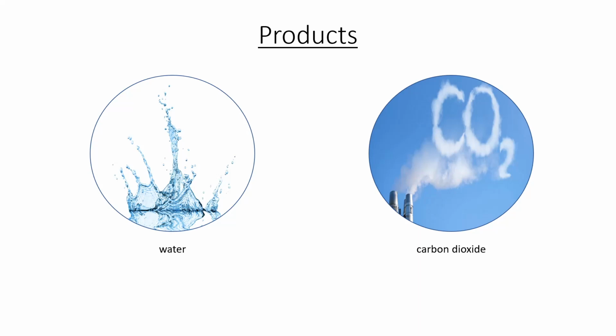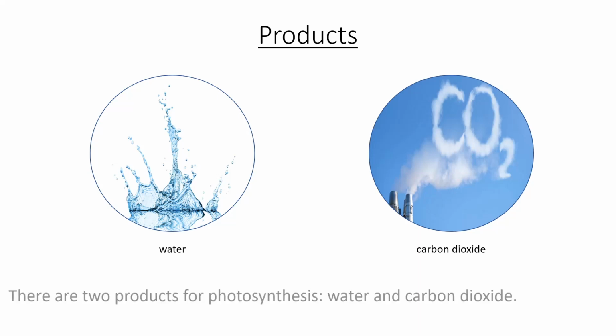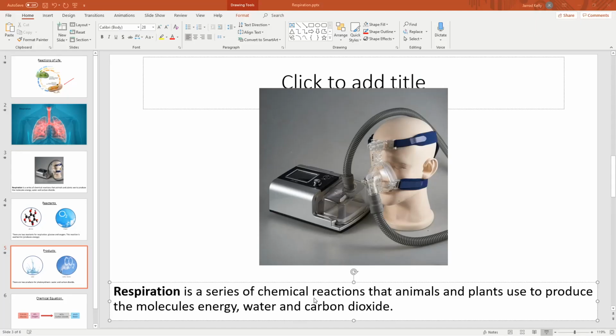Obviously, you breathe out carbon dioxide, and with water, you produce water that you use to help your digestion and also aid with saliva. So there's lots of different uses for the water that we produce. Now these are the two main products. We've got water. Oh, I've done photosynthesis there.